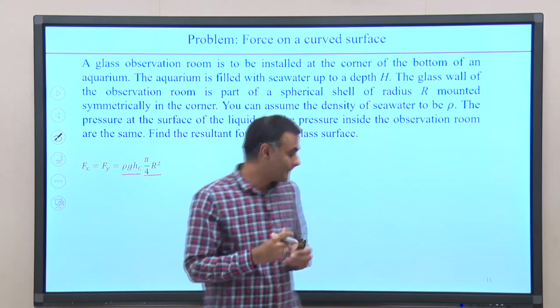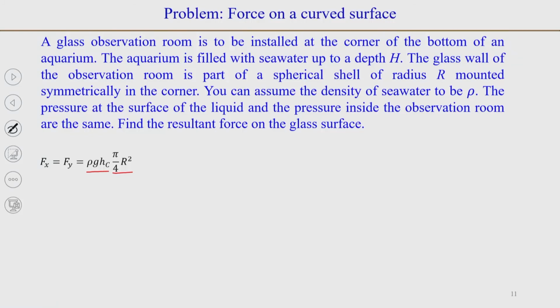Now, the pressure will be rho g h c, where h c is the depth of the centroid. From our knowledge of mechanics, we can look into the books: for a semicircular surface, the centroid is located at 4 r by 3 pi from the center.